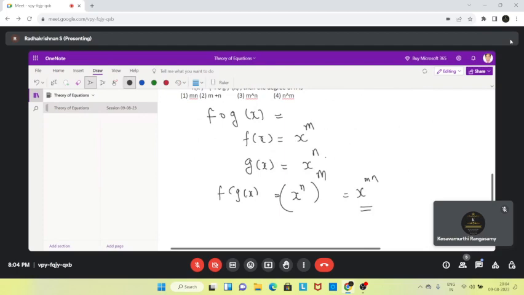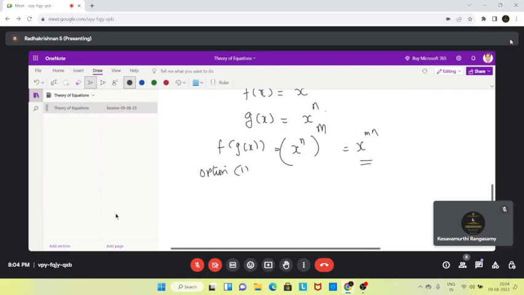So if there are other terms also, it doesn't matter. What matters to us is only the highest power, which determines the degree. So the answer is option 1. Okay, let's go to the next problem.